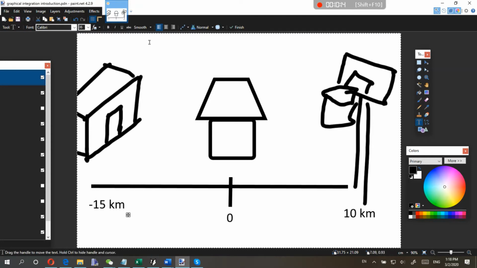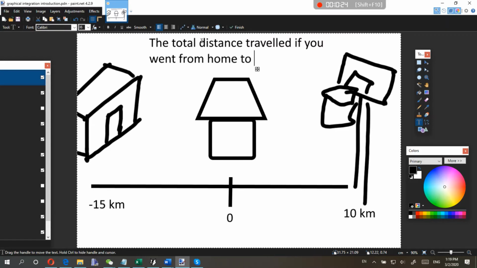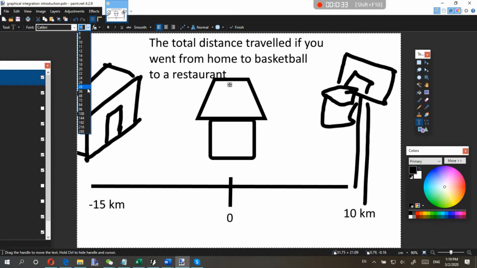If I was looking for the total distance traveled, if you went from home to basketball to a restaurant, what would my total distance traveled be?